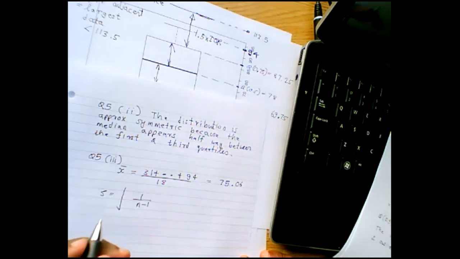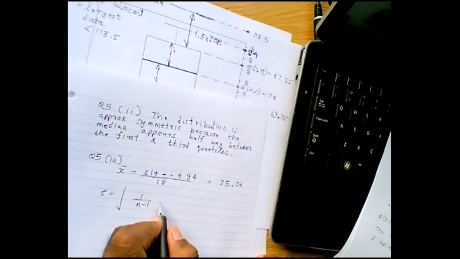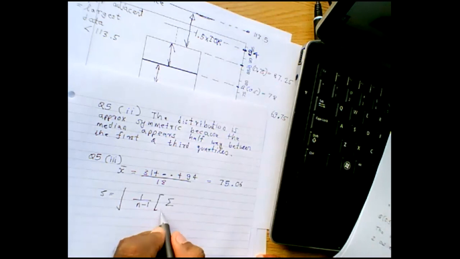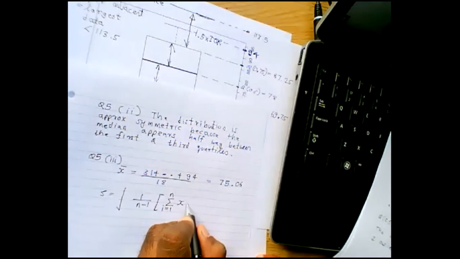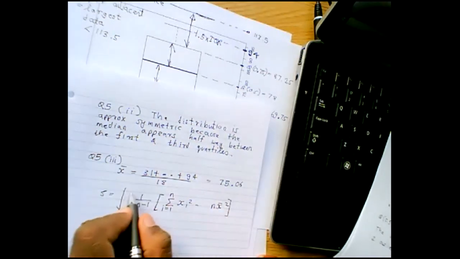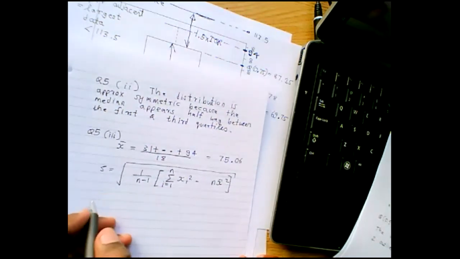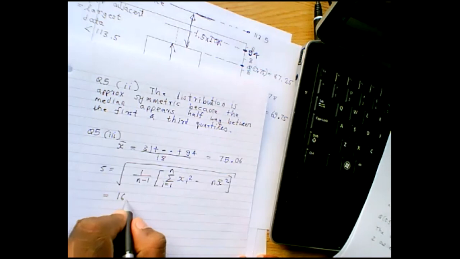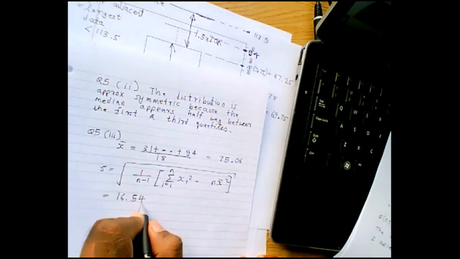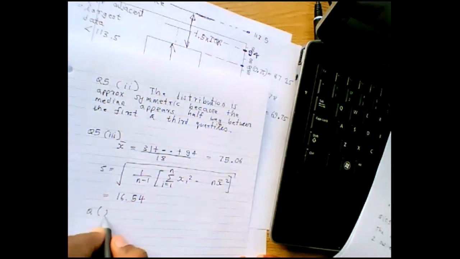I always use the unbiased version because it's better. The unbiased version is always better than the biased version. Now, if you work this out, this will be 16.54, right?